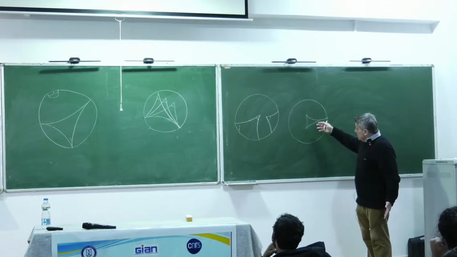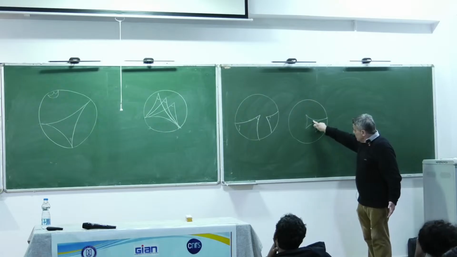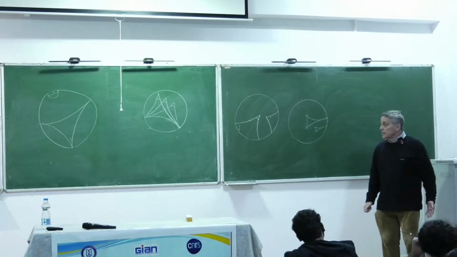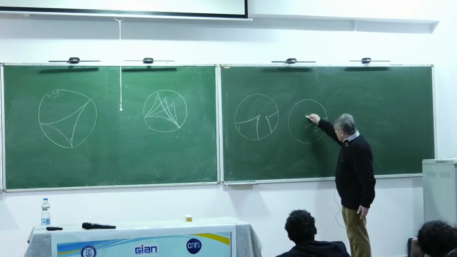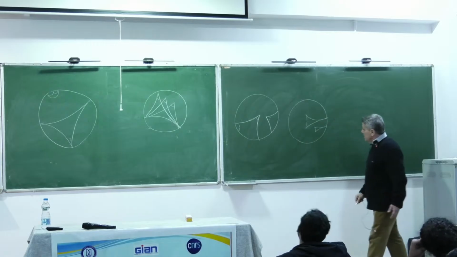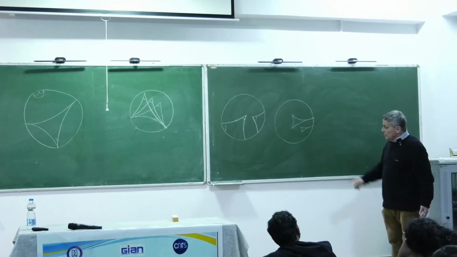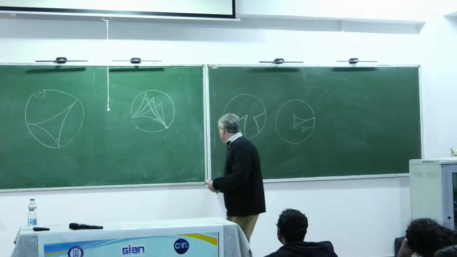I can ask, for instance, so this is another one here. How do I construct best Lipschitz maps between this triangle and this triangle? This is a good question. See, so you have to. I mean, there's some amount of work here to answer this question.